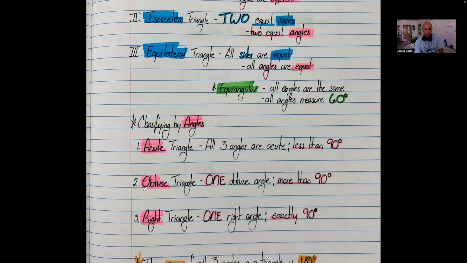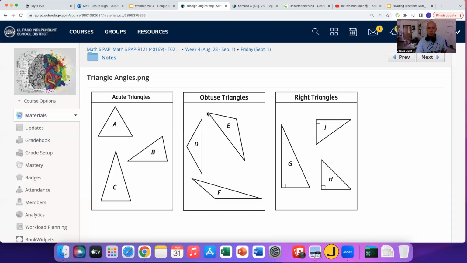Then we have an obtuse triangle. Obtuse means that only one of the angles is more than 90 degrees. One of the angles is open more than the measure of the corner of a rectangle, okay? So if we can see our examples over here, again in the notes, notice the obtuse triangles, and here's a good example.